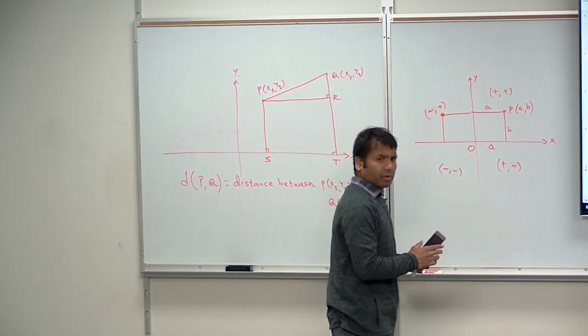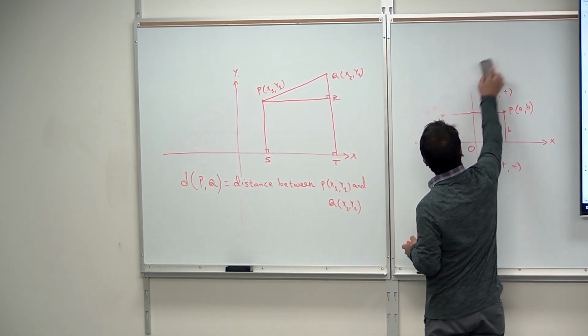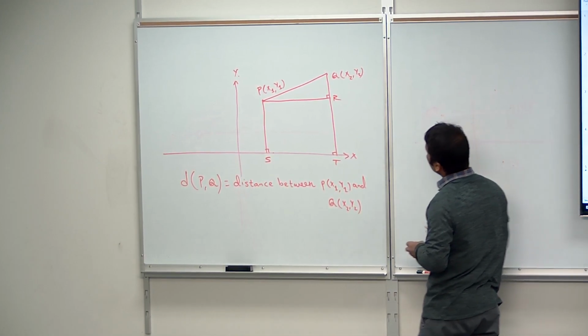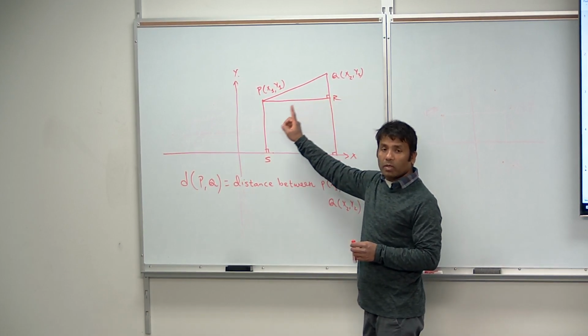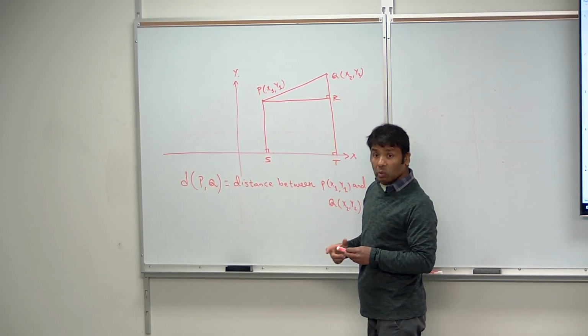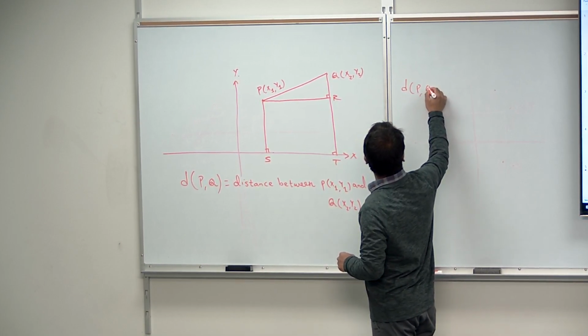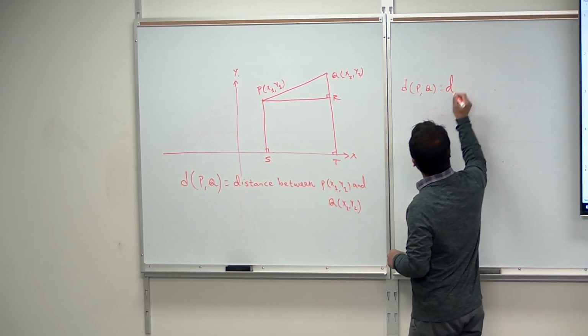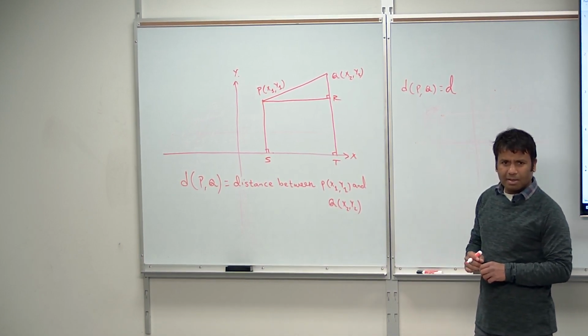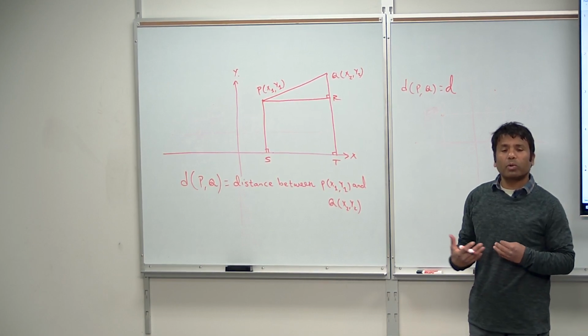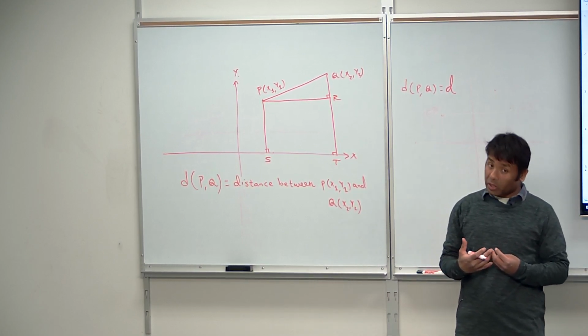Let me write it down here, okay? If you have a point P, x1, y1 and Q, x2, y2, and you want to find the distance between these 2 points, the distance d represents the distance between the points x1, y1 and x2, y2.